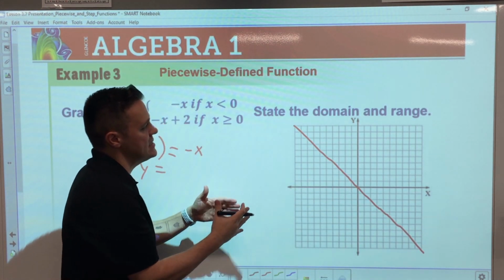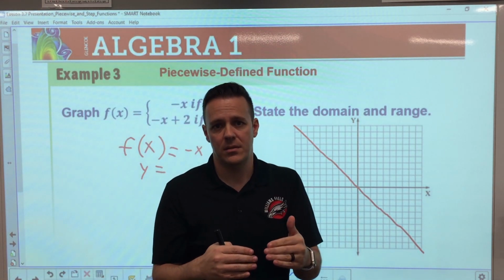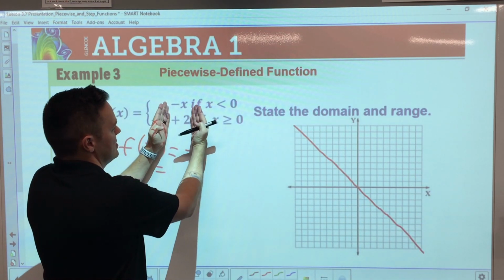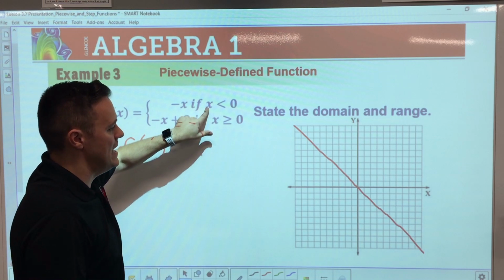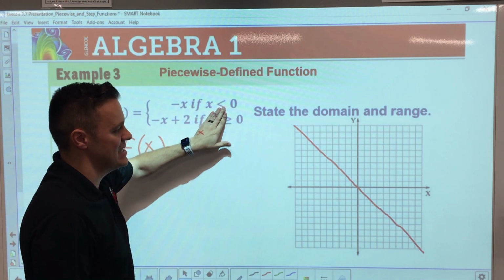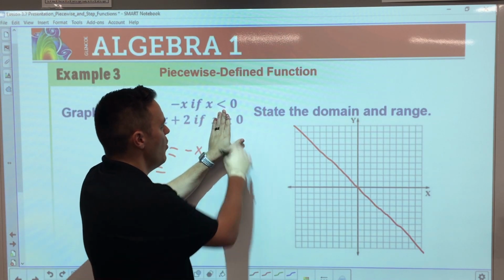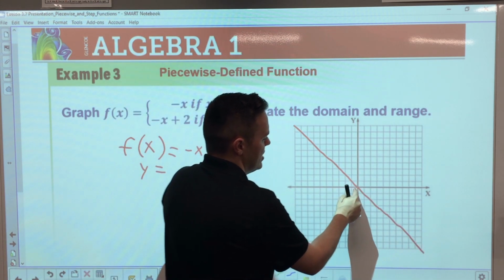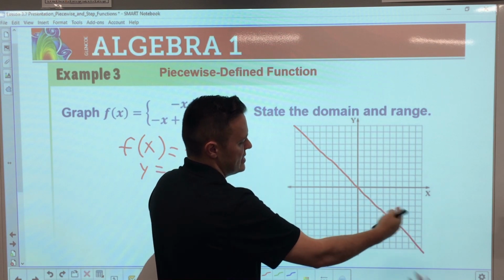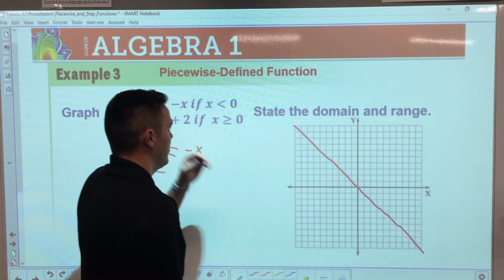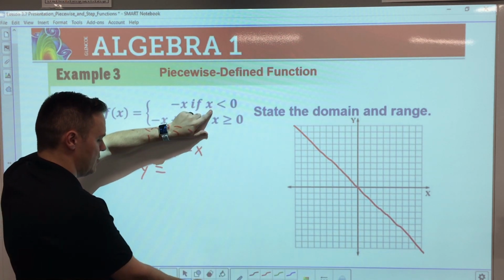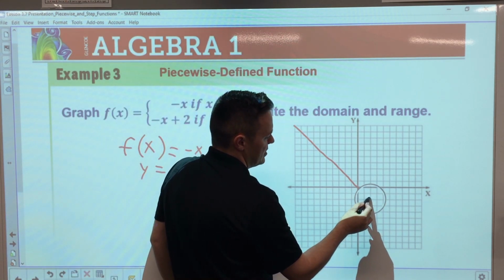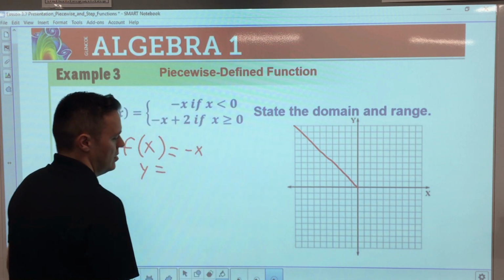But what I want is a restriction. I don't want the whole graph of negative x. I want it only if x is less than 0. So I want the functionality to be x is less than 0. On your coordinates, 0, 1, 2, 3, 4, you guys get it? 0, -1, -2, -3. What values are less than 0? Everything that leads up to 0.